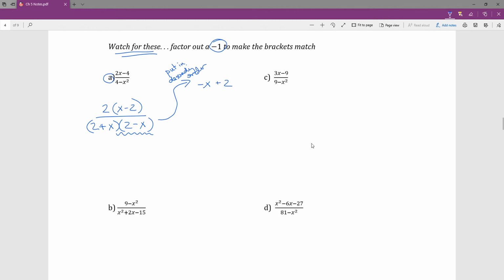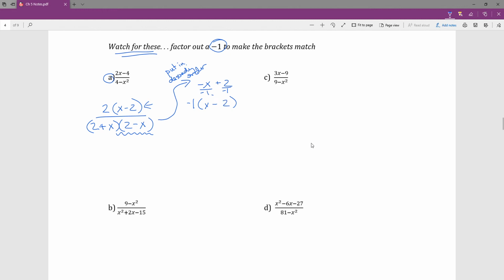There you can see that it's almost the same as this bracket on the top, but it's not exactly the same. We're going to monkey with this and we're going to factor out a -1. So if I factor out this -1, I'd write -1 as my factor out the front. And in the brackets, I'd fill those up with what was left over if I divided by -1. And so that would leave me with an x minus 2.